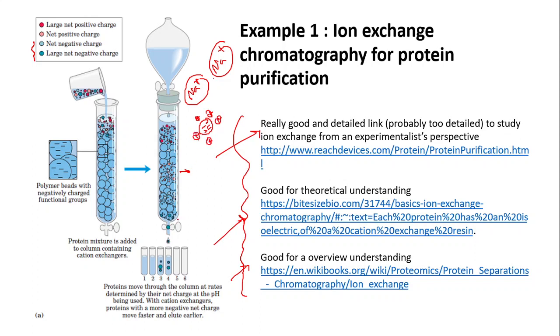The proteins will then be collected as eluent. Eluent means something that is coming out of the column. That is how your proteins will be separated by charge. This is the principle, and we'll go over it in more detail in the next few classes. So that is all.